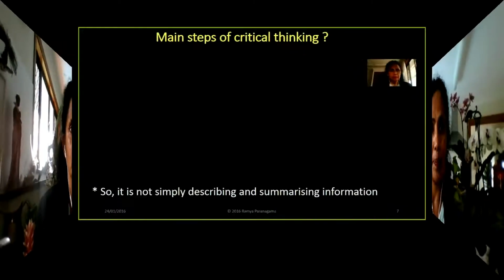The reason is critical writing is part of critical thinking, and also your brain is processing this information. The brain processing is called cognitive skills. So Bloom's taxonomy is based on your cognitive ability, that means the brain's processing ability. So that's a fair chance.